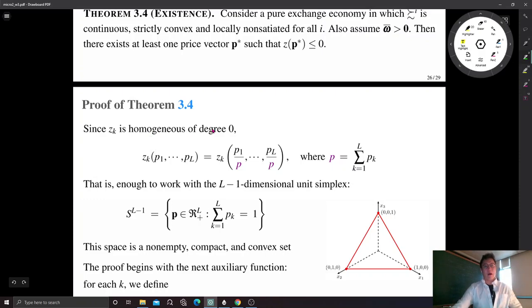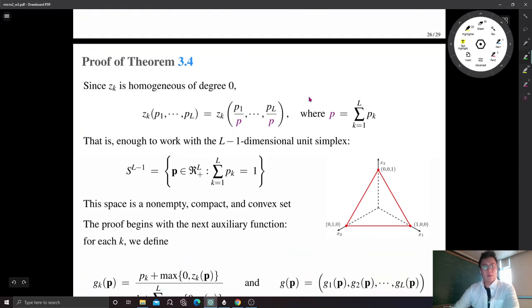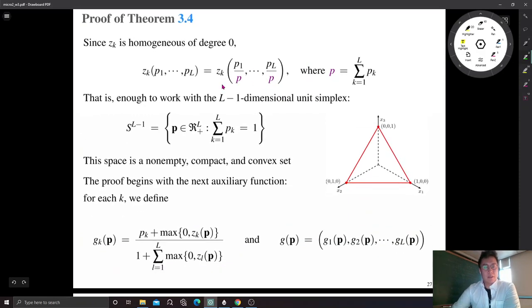We begin by normalizing prices here as well. But in this case, when there are more than two goods, we do not normalize the price of one good to 1. Instead, first we are going to compute the sum of prices.